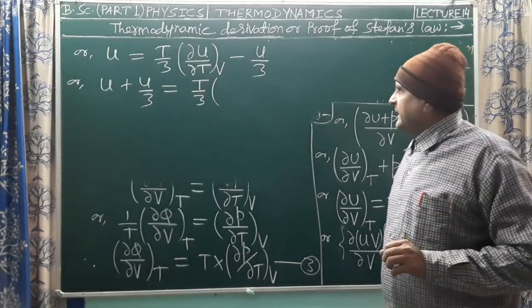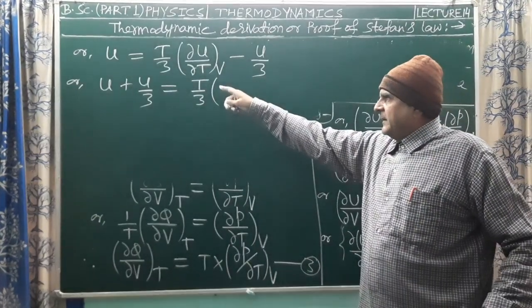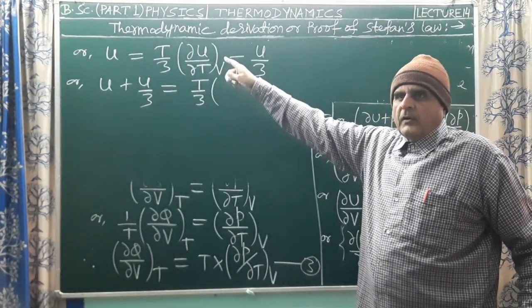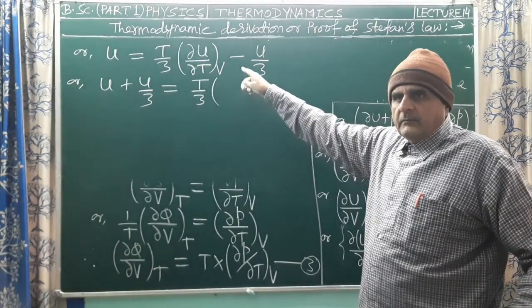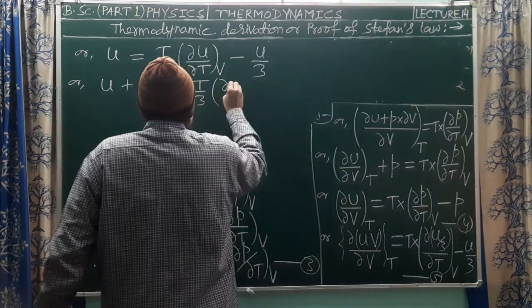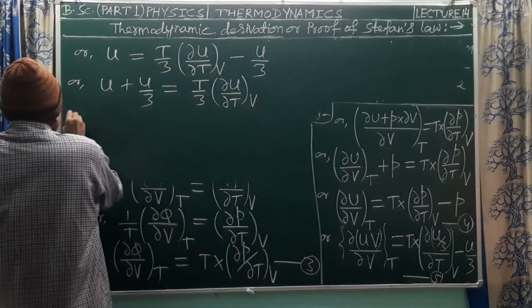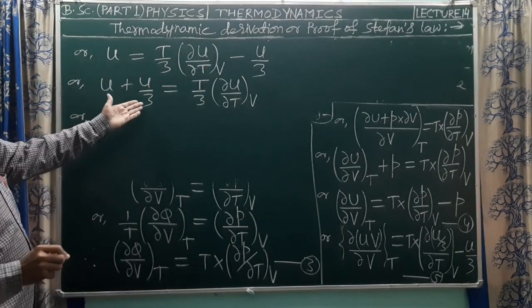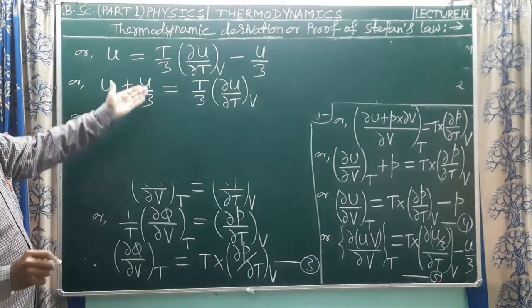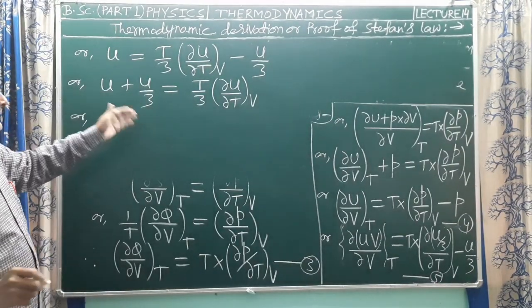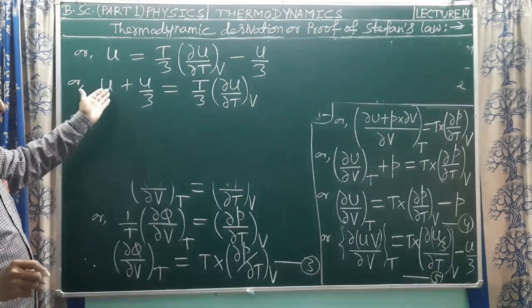The RHS is T upon 3. Now the RHS becomes only T upon 3 del U upon del T at constant volume V. And in the LHS, the LCM is 3, so 3u plus u upon 3, that is 4u upon 3. So the LHS becomes 4u upon 3.